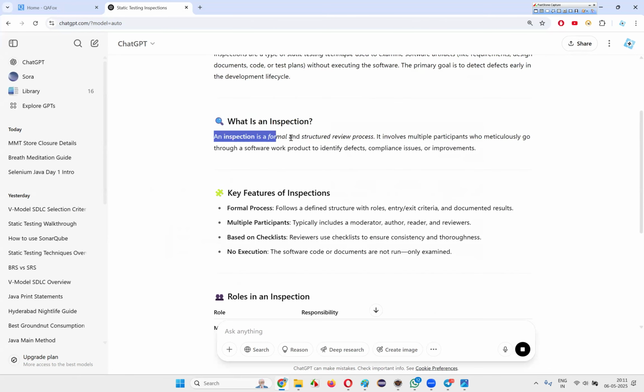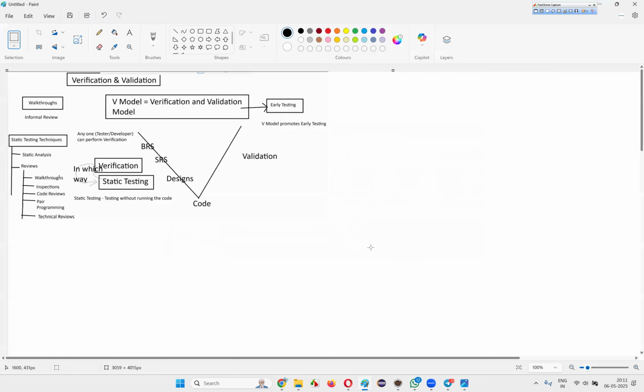A walkthrough is an informal review, whereas inspection is a formal and structured review process. Now tell me, guys, which one is formal, which one is informal? Is the walkthrough type of review formal or informal? You can type your answer in the chat box. Yes, it's informal, that's correct.